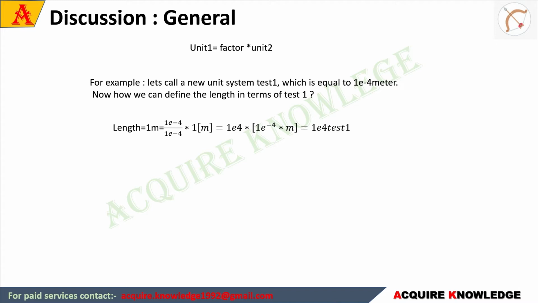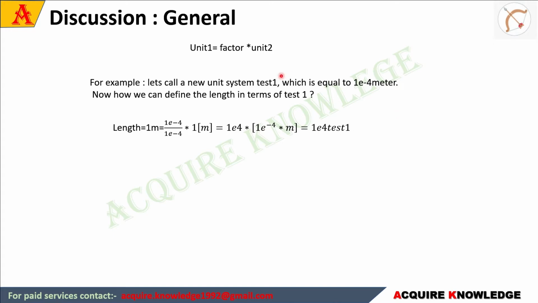Now, if we want to convert the length 1 meter in terms of the new unit system, first we can multiply the numerator and denominator by the conversion factor, 1e-4. If we take this 1e-4 in the bracket, it will become 1e4 times m, that is a meter, multiplied with some coefficient 1e4.